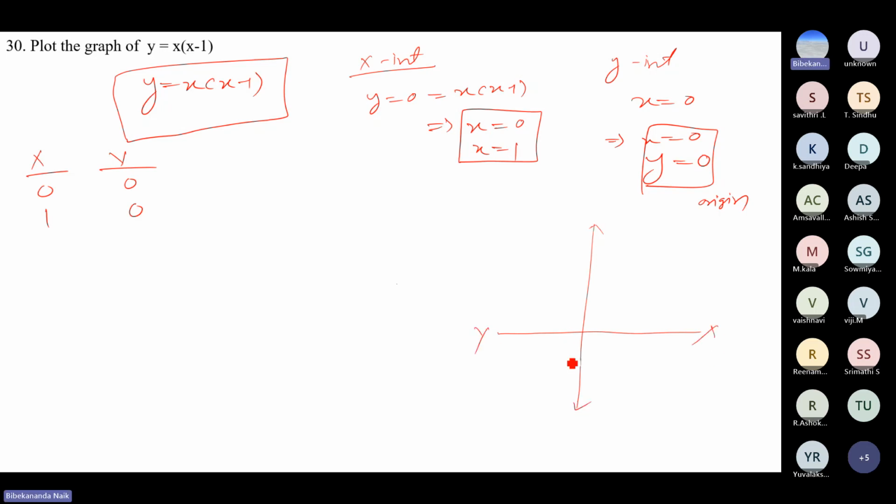This is the x-axis, this is the y-axis. 0, 1, 2, 3, 4. Again it is 1, 2, 3, 4. And on that side also there will be values.